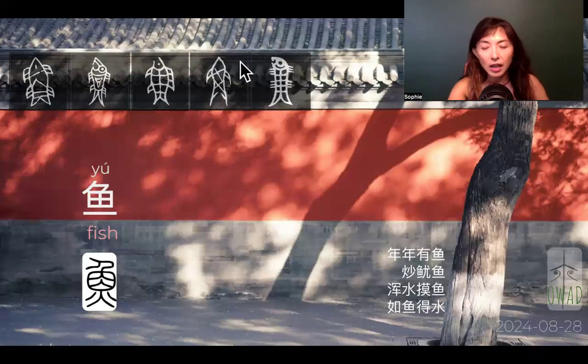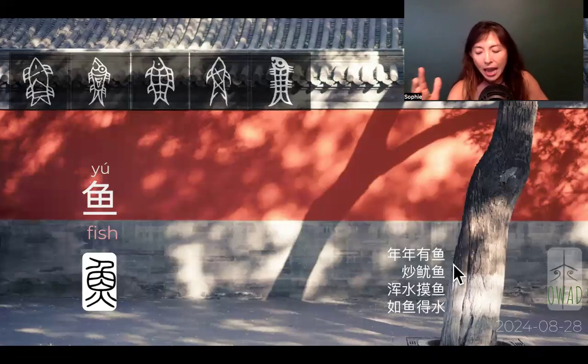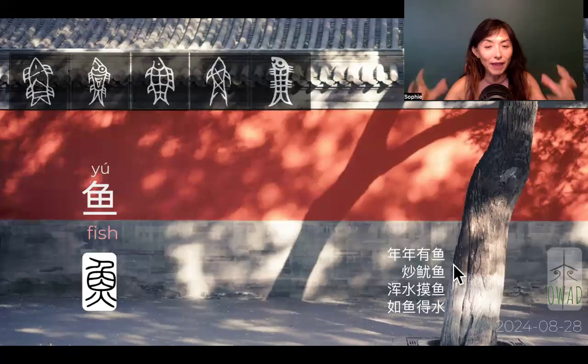That's our fish. Expressions: 年年有余. I think I may have talked about this before. It's a good well-wishing expression to say year after year, you're going to have plenty of fish. And actually, plenty, 余, is a different spelling, and fish, 鱼, has the same pronunciation, because Chinese has a single consonant plus single vowel structure.